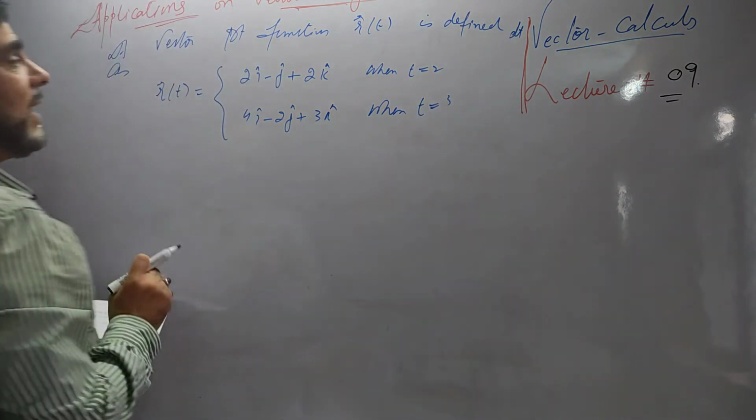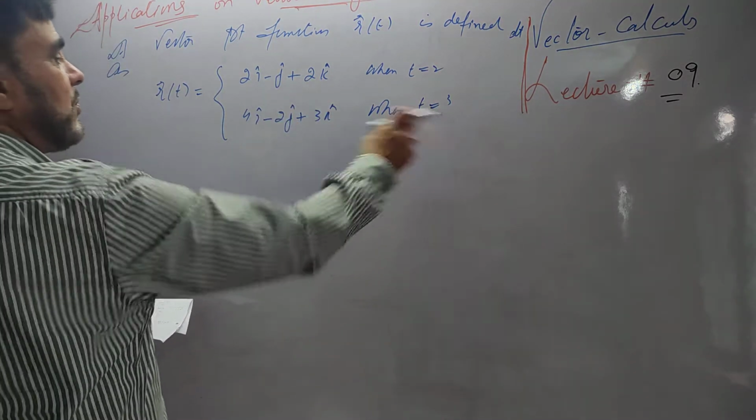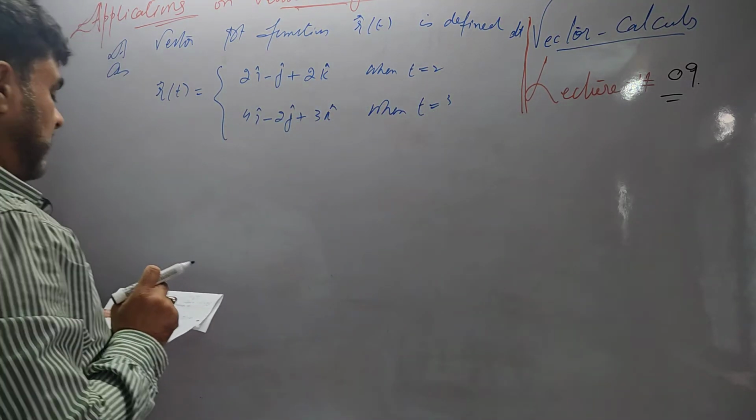So this is defined at t equal to 3 as 4i minus 2j plus 3k.